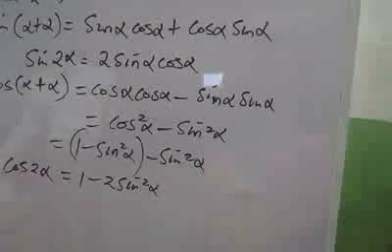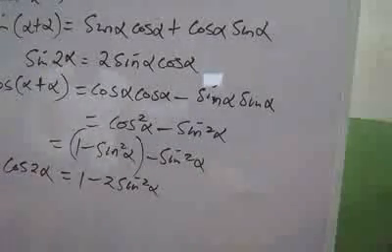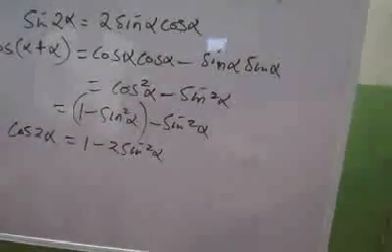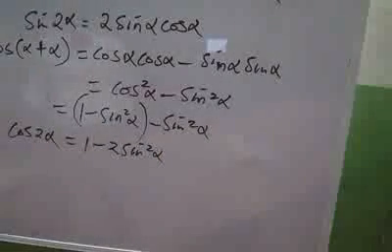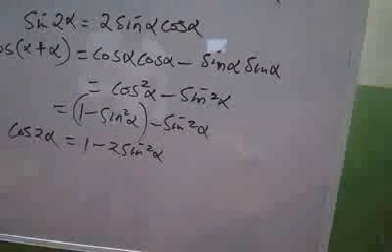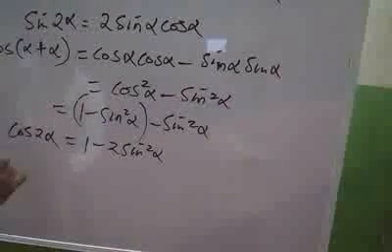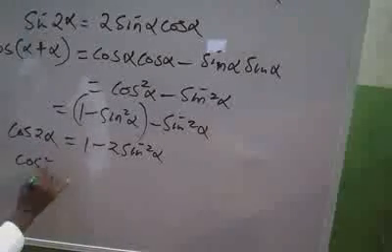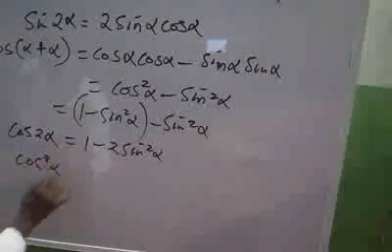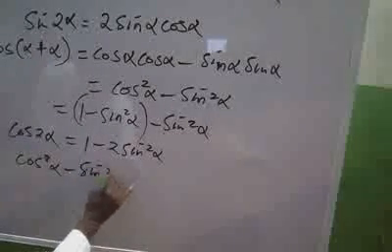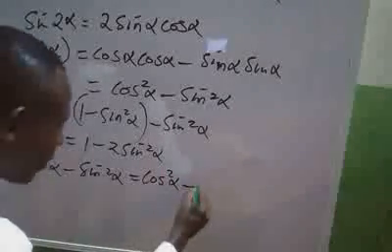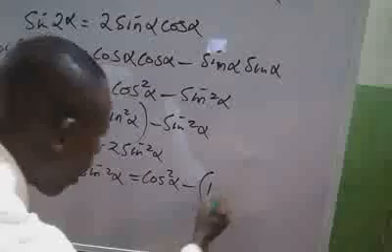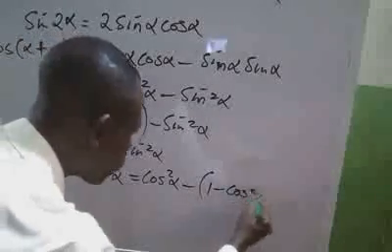Okay, what if I change sine square alpha to 1 minus cos square alpha? I can do this: cos square alpha minus sine square alpha is the same thing as cos square alpha minus bracket 1 minus cos square alpha.